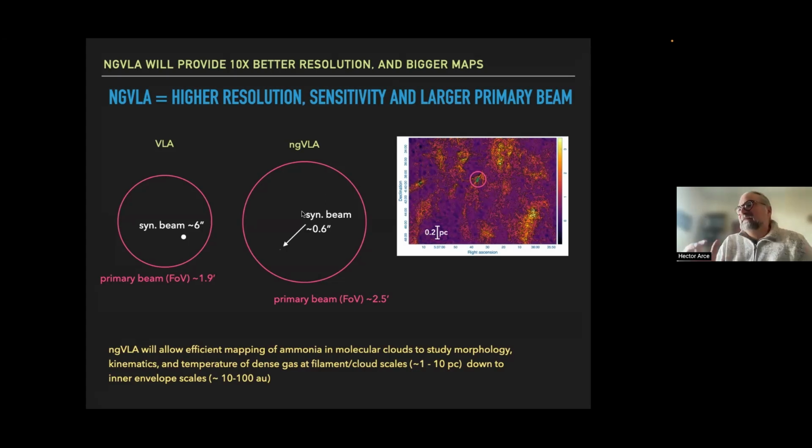With the NGVLA, because the antennas are smaller, you have a larger field of view, and since you have many more antennas at longer baselines, you can have a smaller beam, and so you can map the ammonia in this region. For example, in this region where I show the presumed large-scale infall structure, you can map this in ammonia relatively easily with, I don't know, 10 pointings or so. And have a very high resolution as well.